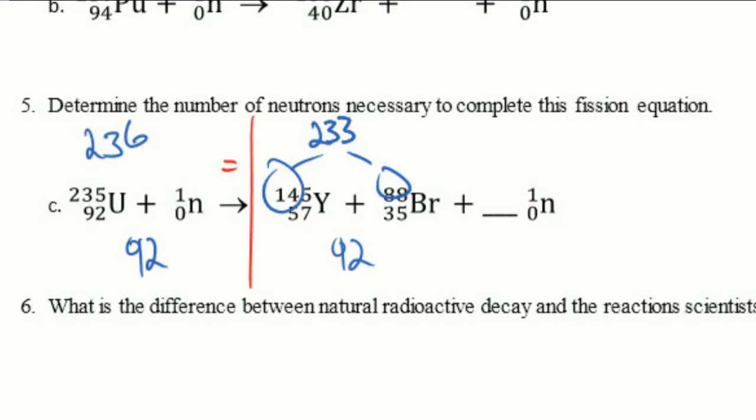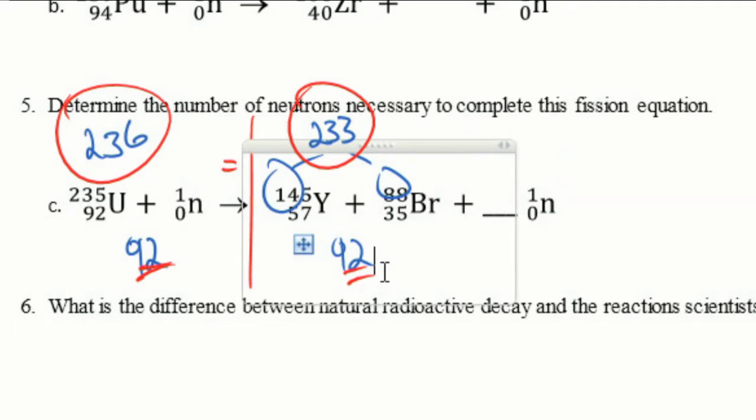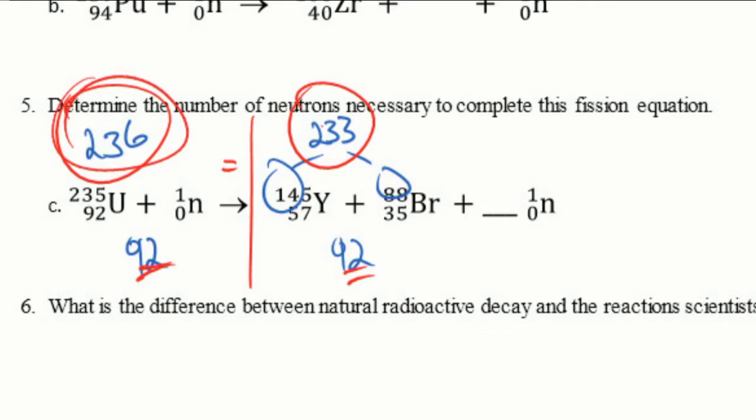Now on the reactants side I had 236. Now I only have 233. So the bottoms worked out, 92 and 92, those are equal on both sides. But on the top, I'm starting with 236 and I'm ending with 233. So I need an extra 3 of these neutrons, but I can't change this 1 to a 3 because that's not a neutron anymore. That's just 3 neutrons joined together. So all I can do is add a coefficient in front.